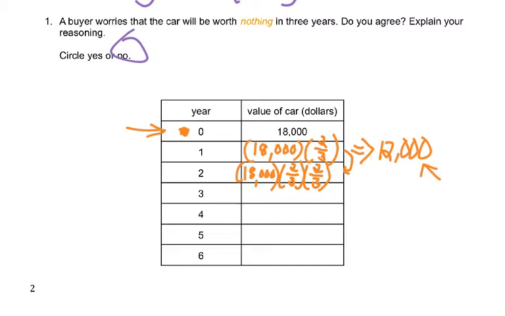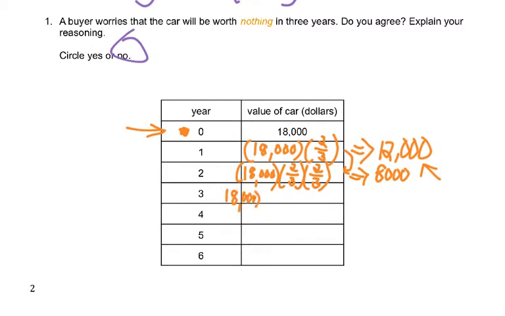So what is 18,000 times 2/3 times 2/3? 8,000. I can keep going. Do you see a pattern here?